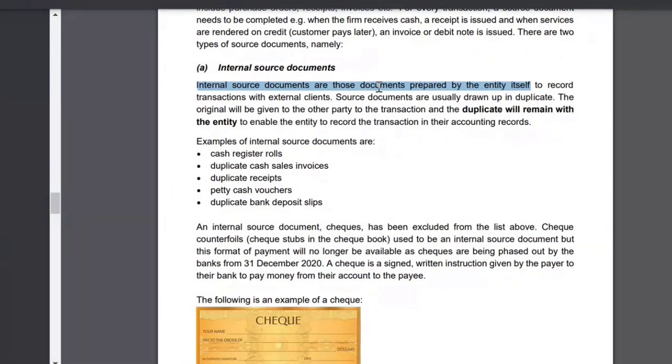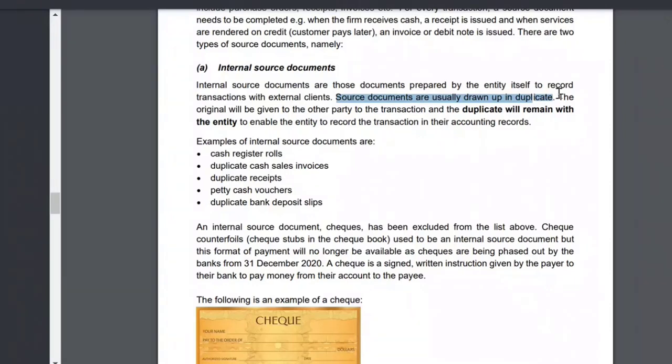Source documents are usually drawn up in duplicate. So if it's an internal source document, number one, it has to be prepared by the entity itself to record transactions. Number two, it is usually drawn up in duplicate. That's an internal source document.